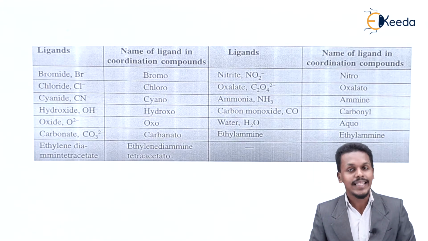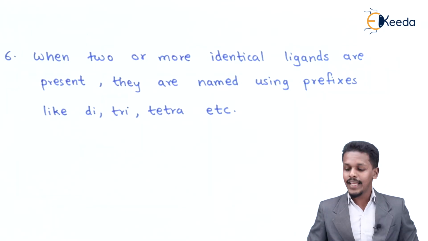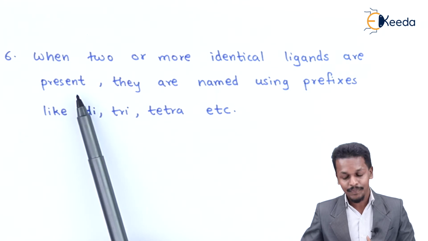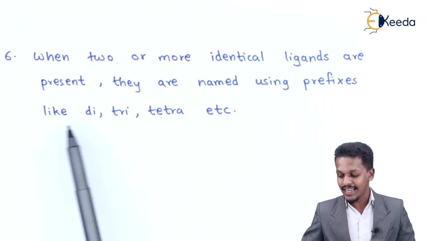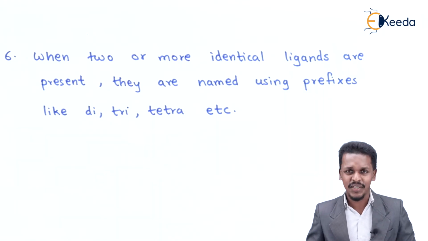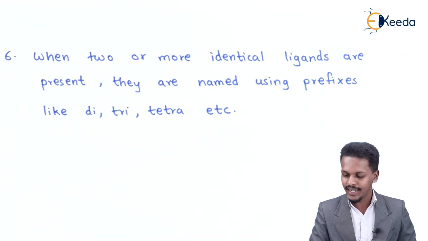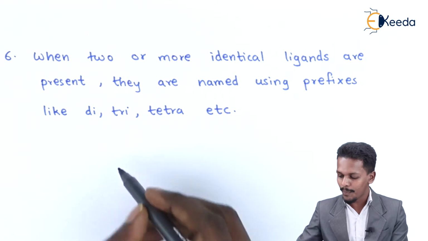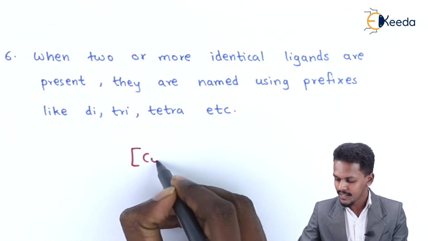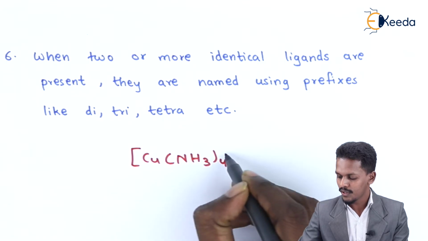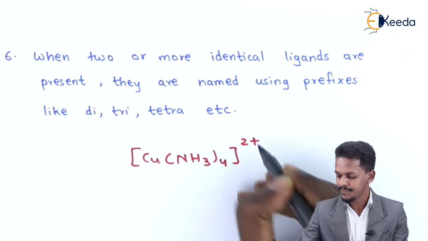So now let us follow the next rule, which is: when two or more identical ligands are present, they are named using the prefix di, tri, tetra, etc. This is the common thing that we know, but still let me give you an example related to this one. Suppose we have a complex ion, that is Cu(NH3)4, and this is 2 plus.